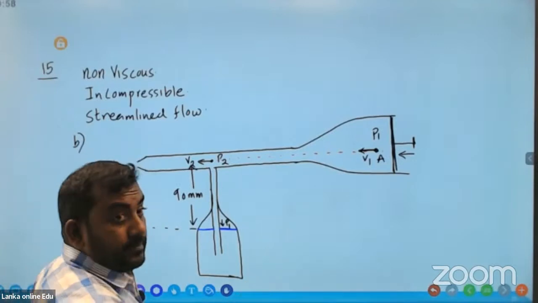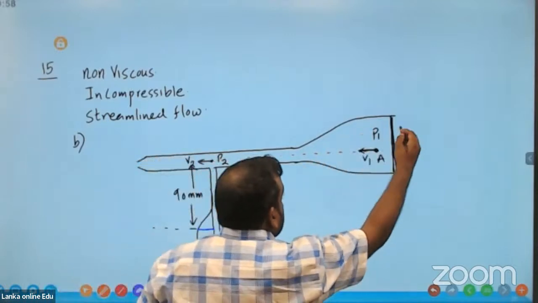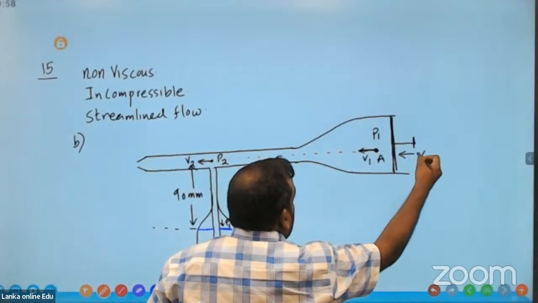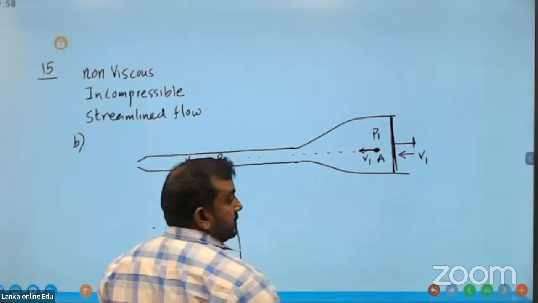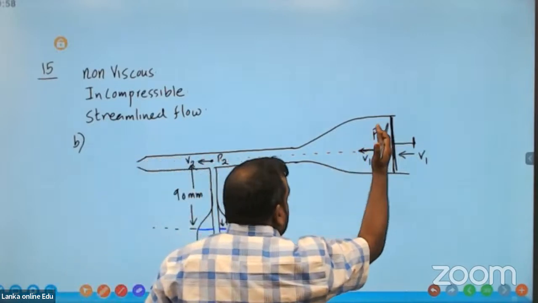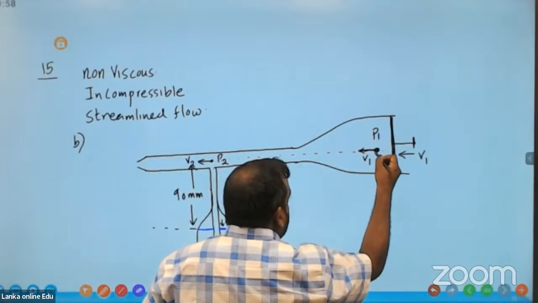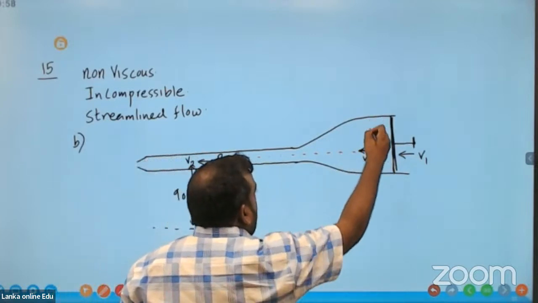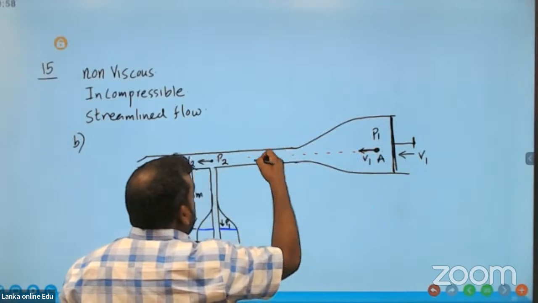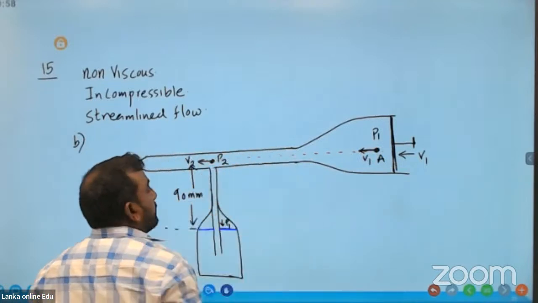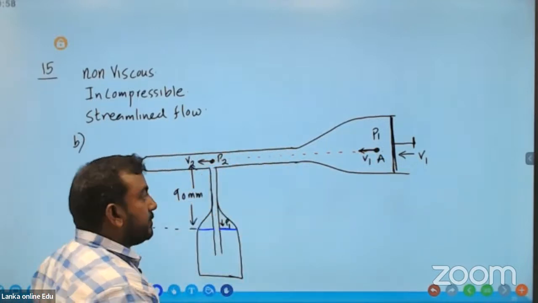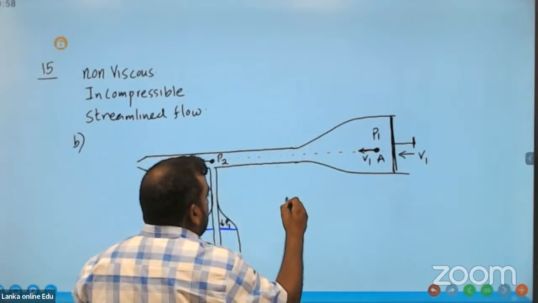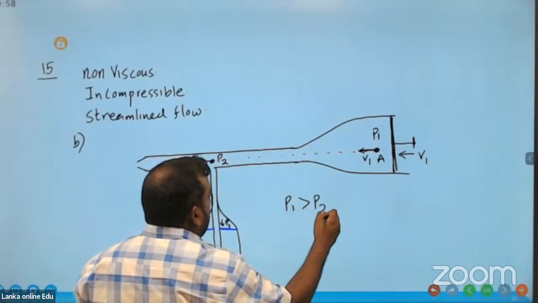Very good. When I push this, I'm pushing it with a velocity V1, and the air particle has the same velocity. Whatever velocity I push the piston, the same velocity this air particle will have. Large area, low velocity; small area, high velocity. High velocity means low pressure. P1 is larger than P2.